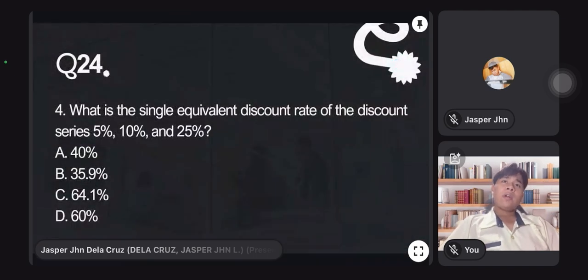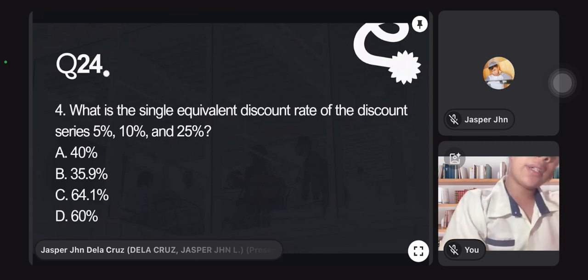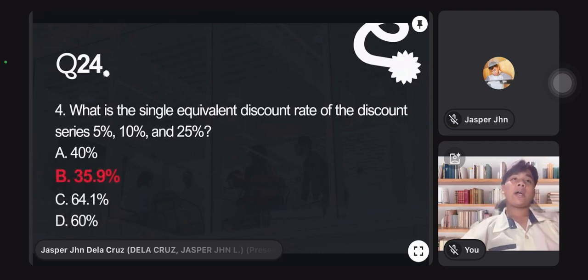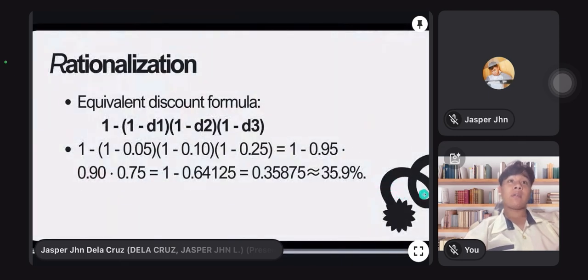Now, number 24. What is the single equivalent discount rate of the discount series 5%, 10%, and 25%? So what is the equivalent discount rate? That is 35.9%. In here, you need to know the equivalent discount formula.